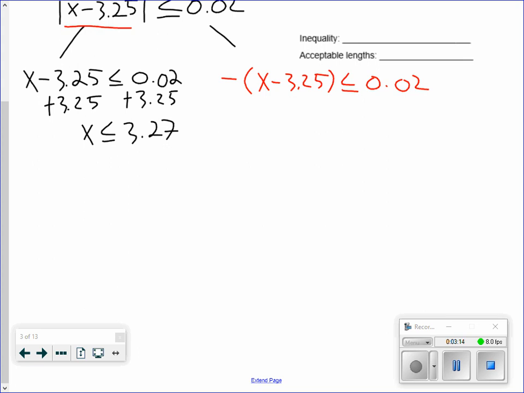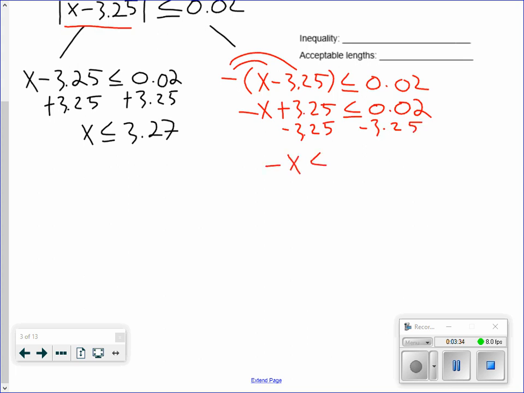For the negative side, I'm going to distribute out that -1 to get negative x plus 3.25 is less than or equal to 0.02. And then from there, I'm going to isolate the x, so minus 3.25 on both sides, to get negative x is less than or equal to negative 3.23, or x is greater than or equal to positive 3.23.